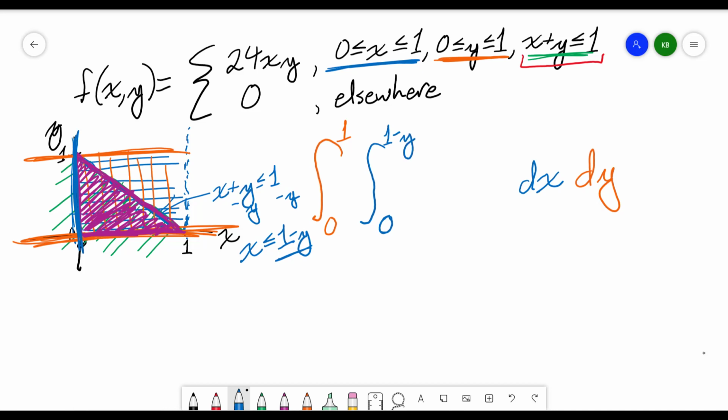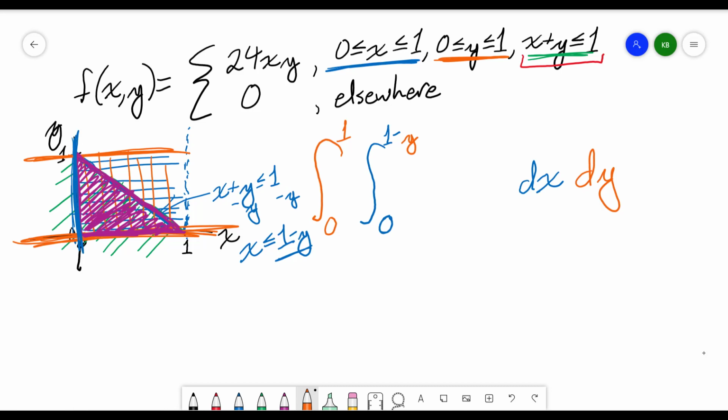And this is okay because y is a variable, but notice it's that variable that's going to get replaced when I do my second integration. So let's see how this plays out when we integrate.